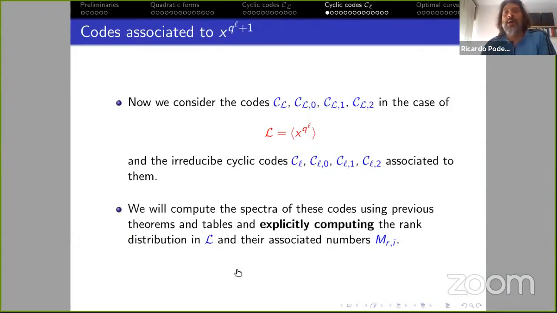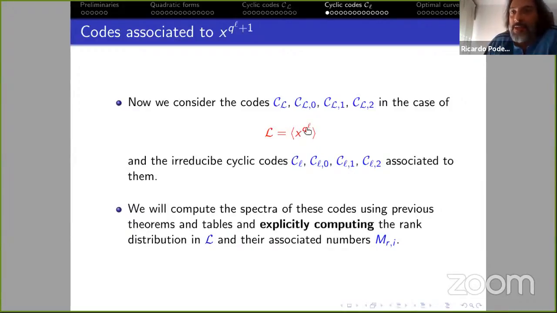Up to now, we considered general codes associated to general families of linearized polynomials, but although we get the expression for the weight distribution, these expressions are not explicit. Now we try to compute something explicitly, so we fix the simplest family, which is the family generated by this monomial.